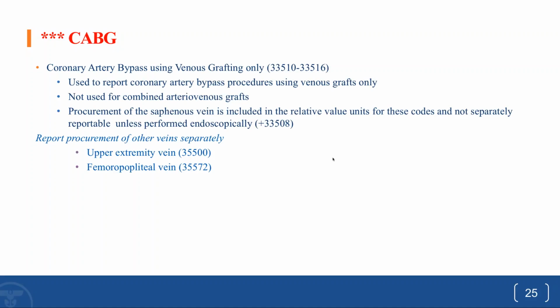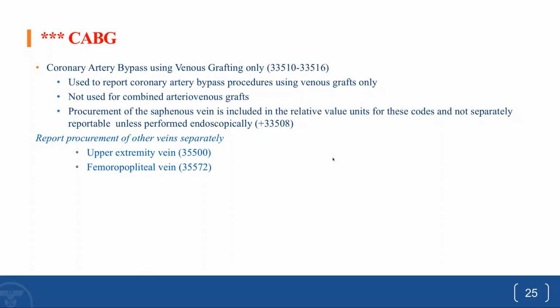So these particular codes are used to report a coronary artery bypass. Okay. 33510 through 33516. 33510 starts on page 206, just in case you're trying to follow along.